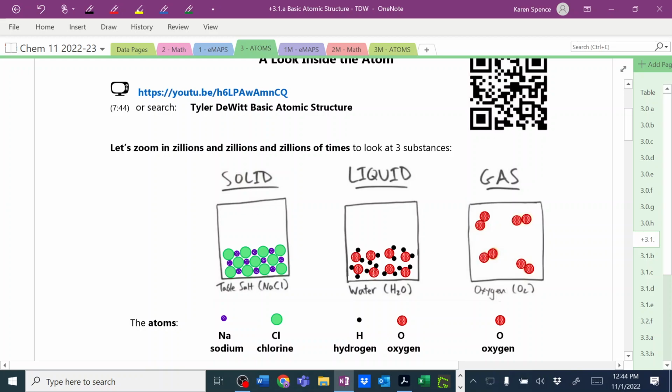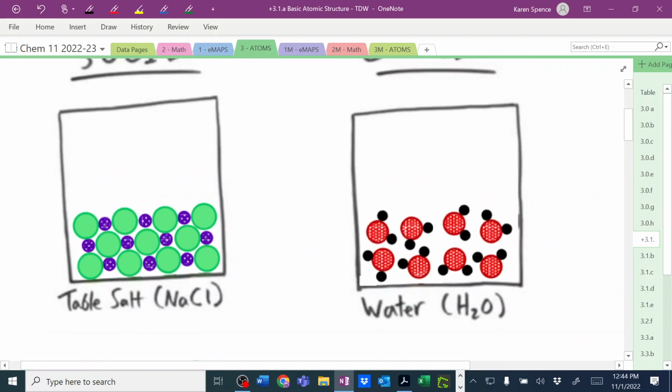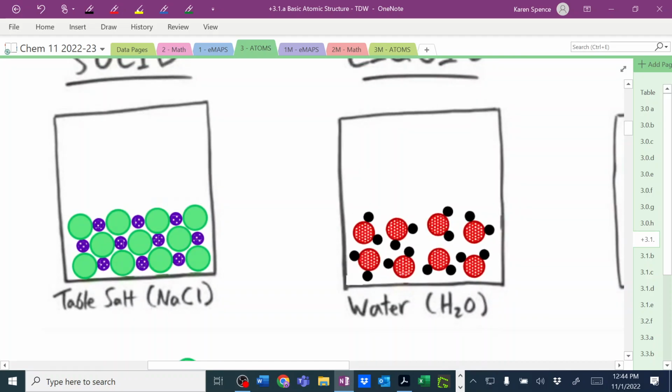Here we're zooming in billions and zillions and zillions of times. And we have some table salt. What structure is that? It's an ionic crystal lattice, yes.